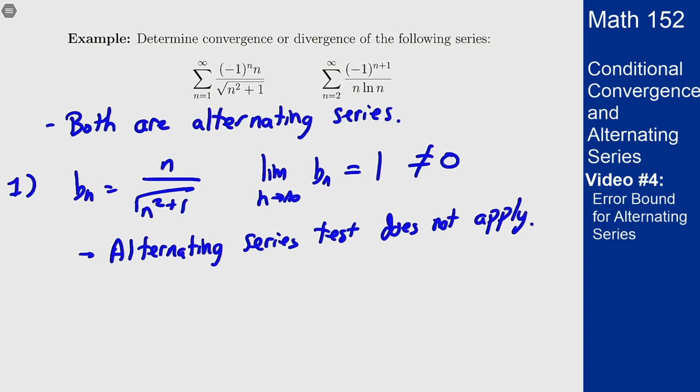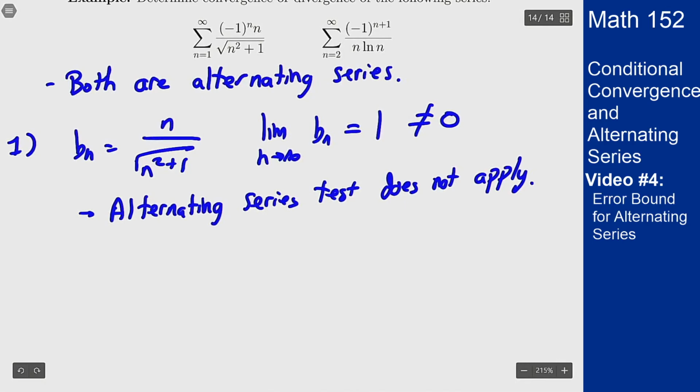Now that on its own does not mean the series converges or diverges; it doesn't mean anything. We have to find some other argument for why this series might converge or diverge. And the argument here comes from the nth term divergence test. The fact that this Bn limit goes to 1 means that the limit as n goes to infinity of the entire term, negative 1 to the n times n over the square root of n squared plus 1, does not exist.